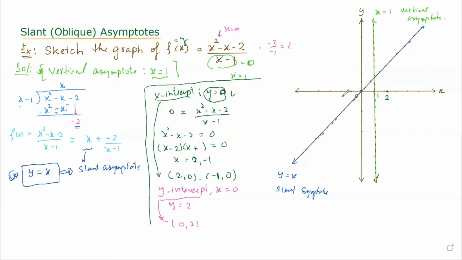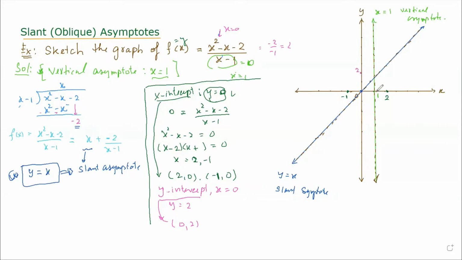This one is -1 and y 0. Okay, so we get these two intercept points. How about the y-intercept? The y-intercept is 0, 2. So that means x 0, y 2, go up 1, 2, somewhere here. This is 2.